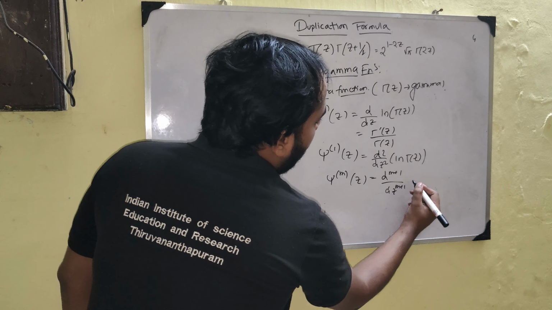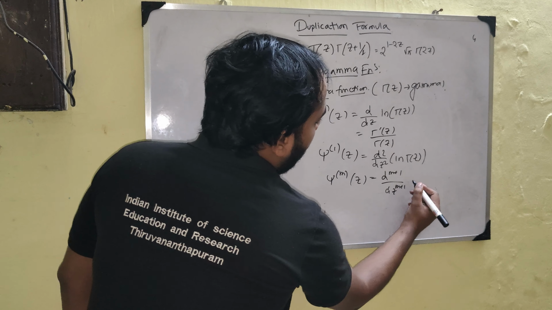And this is called the polygamma function. This is the polygamma function for any order m. So the 0th order, that is basically d/dz, is the digamma function. This is the trigamma function, and then as the order goes on, you can simply call it the mth derivative.